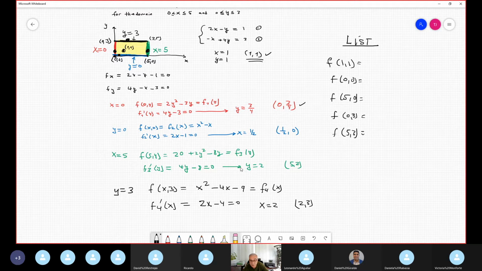And that's it. Don't forget this point, and this point. You evaluate at (0, 3/4). You evaluate at (1/2, 0). Okay, when you navigate on this boundary, the maximum or the minimum, I don't care about this. And (5, 2), and (2, 3).